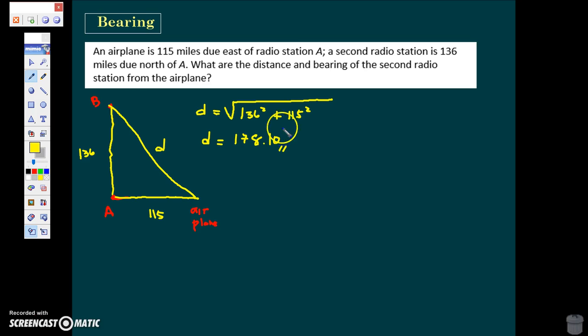So it's done. What's more important in this example problem is how to get the bearing of the radio station from, and that's the keyword, from the airplane. Meaning this should be your reference point. Remember, this is your reference point. So from this point, the bearing of this line to the reference point.